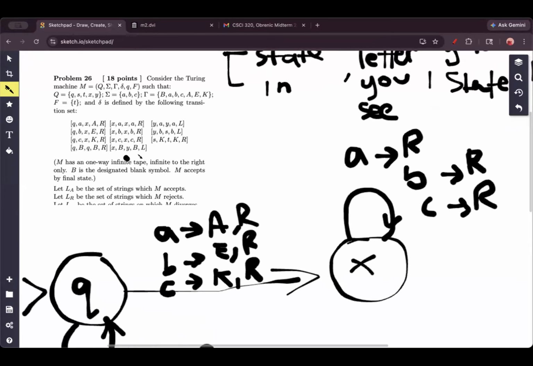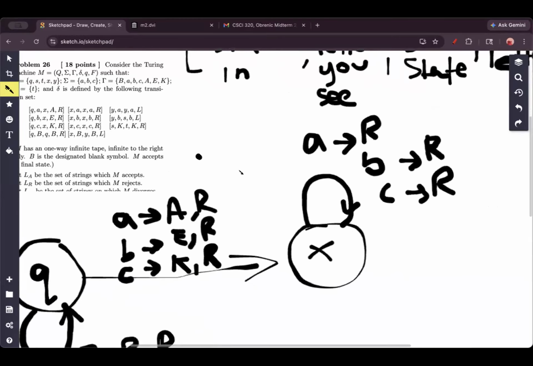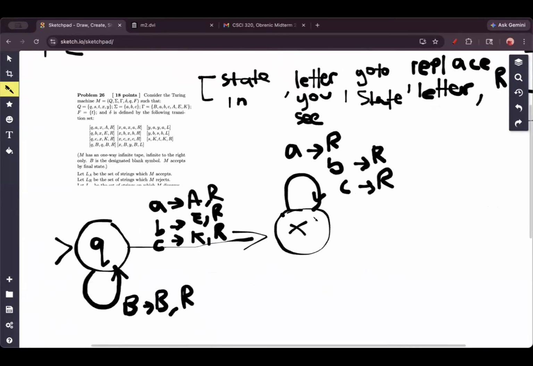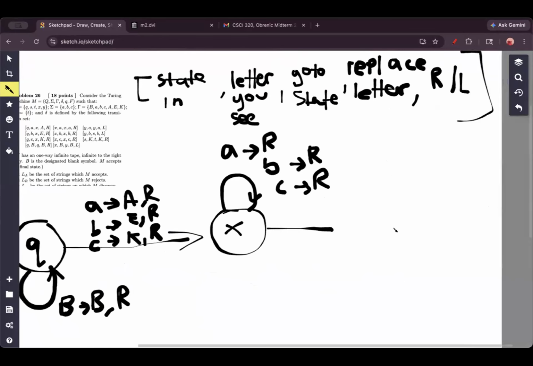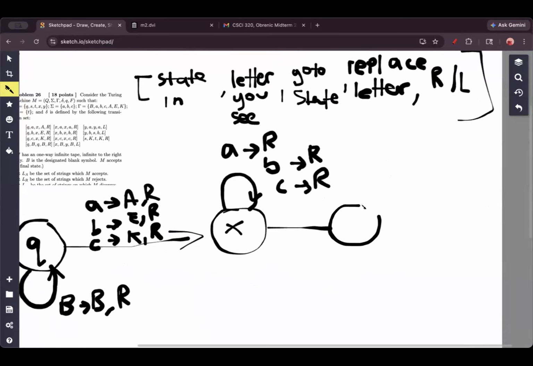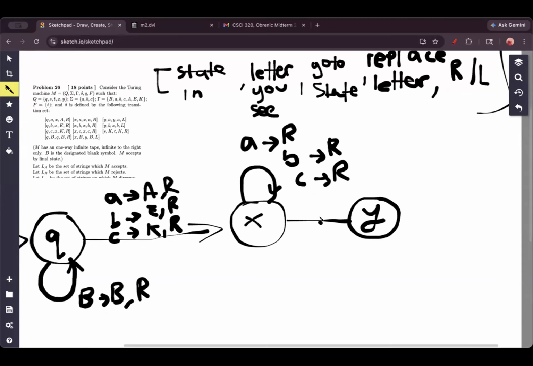In state Y, this is state Y, and I get there via blank. Replace it with the blank. You don't really have to write it. Replace it with the blank, and then we turn left.